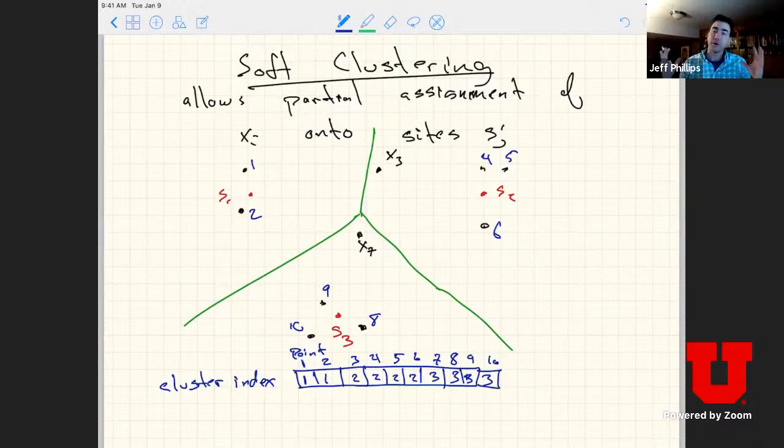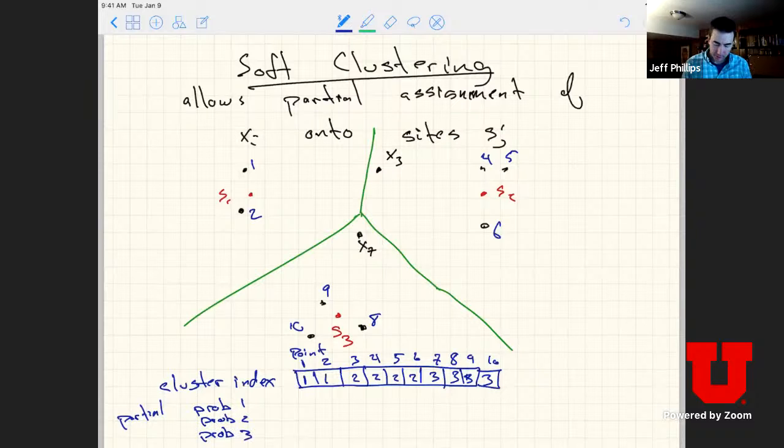Okay, but if I want to do a partial assignment, I want to think about this somewhat differently. For the partial assignment, I want to think about a probability assigned to each of the clusters: probability 1, probability 2, and probability 3.